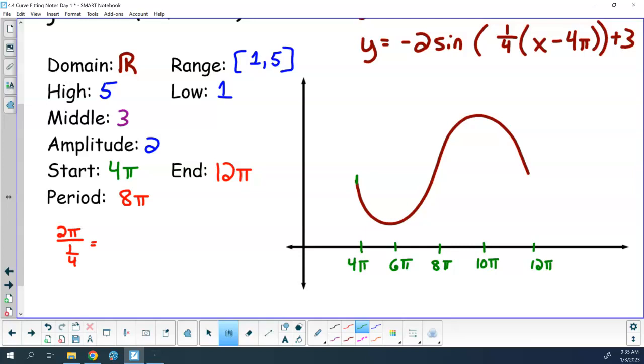My verticality, my lowest would be at 1. My middle would be at 3. And my high would be at 5. Just like the 2 worksheets that you have from this unit so far, on Thursday's quiz, you will be asked to graph the function, and you will be asked 3 of the 9.